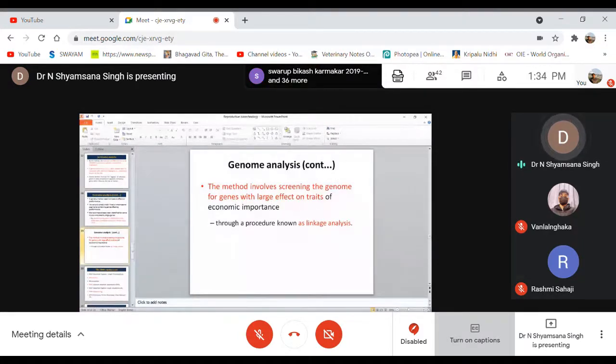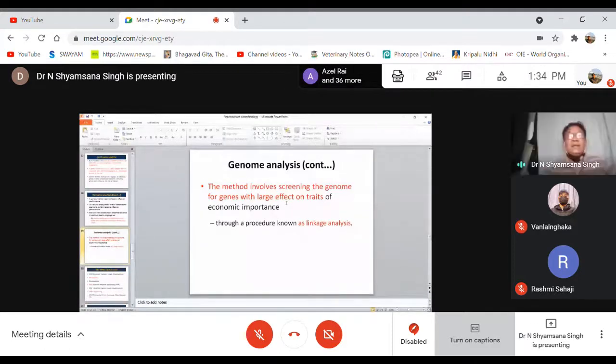Then how to identify those particular DNA segments which can be used as a marker? This technique needs screening the genome or genes for large effect, large Mendelian genetics. It is similar to your dominant gene. So in case of quantitative or economic traits, they are controlled by many pairs of genes.